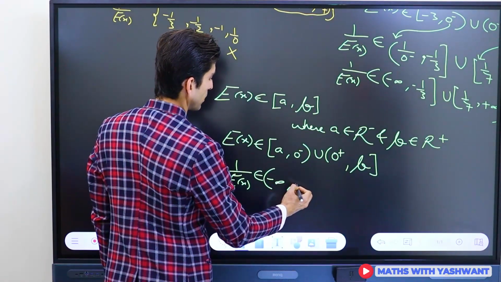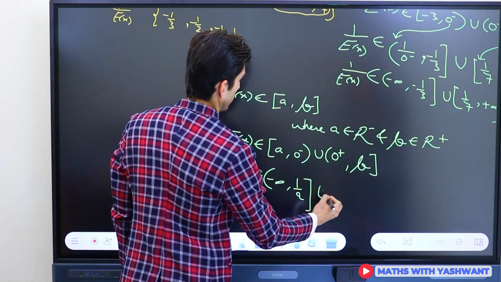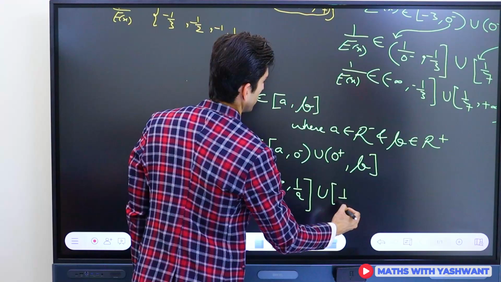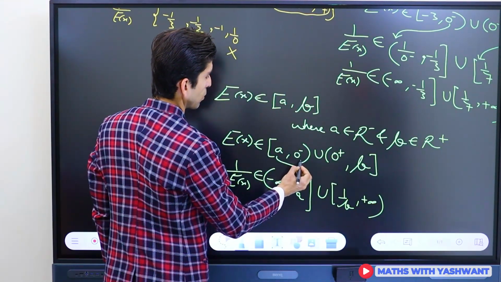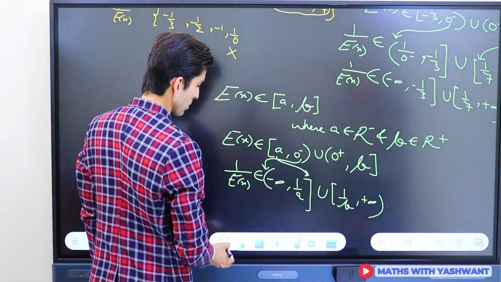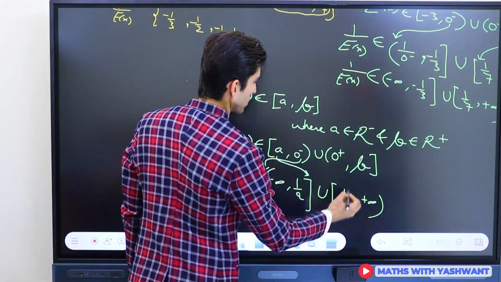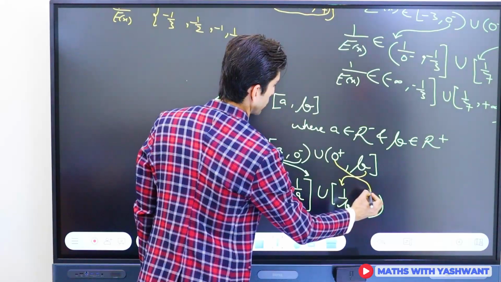So we have negative infinity to 1 upon A, union 1 upon B to positive infinity. So we take the reciprocal and reverse the order of the boundary points after the reciprocal.